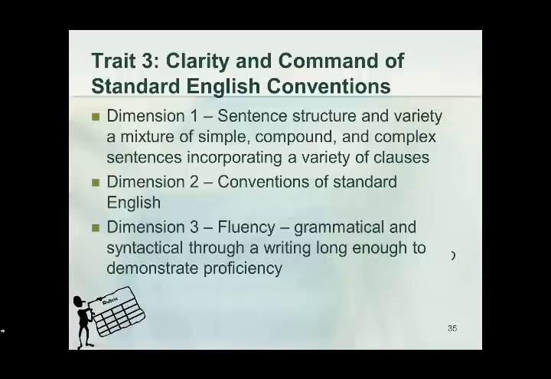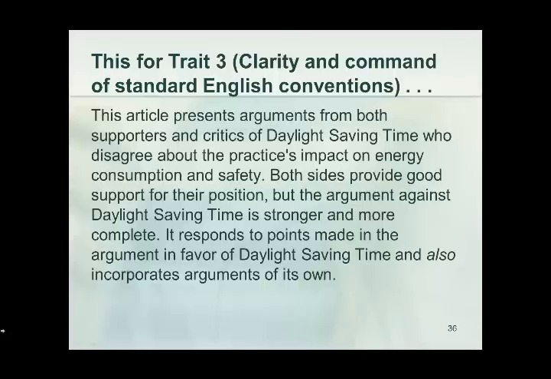So what does it look like? As we take a look at this particular one first, just take a second to look through and notice what you see within this. This article presents arguments from both supporters and critics of daylight saving time who disagree about the practice's impact on energy consumption and safety.